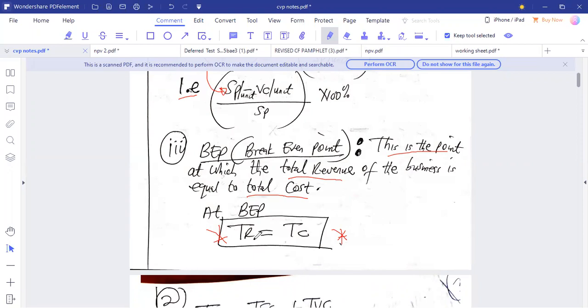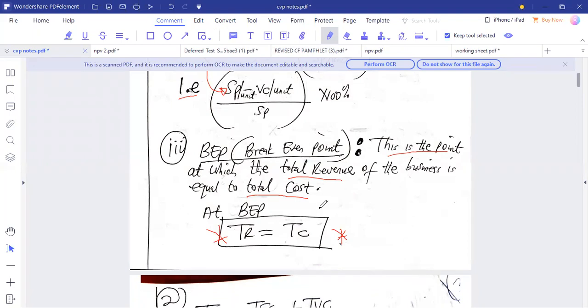So it is actually meaningless at this point because our revenue is equal to our cost. We are not doing very well here, because the essence of a business is to make a profit.